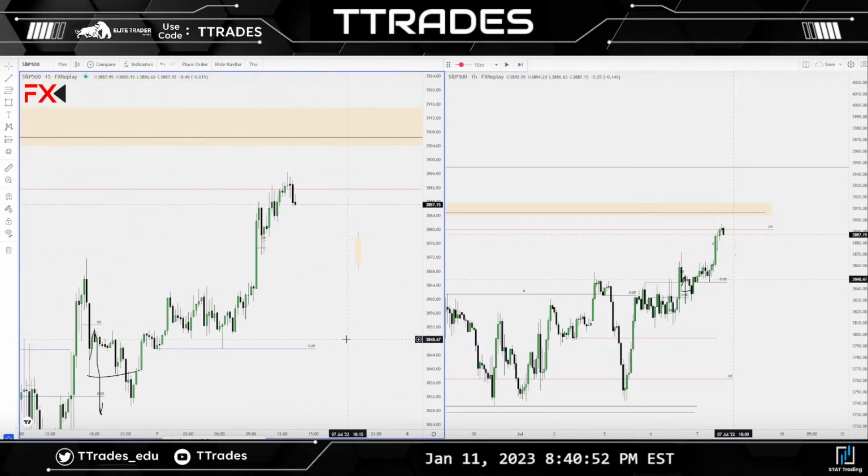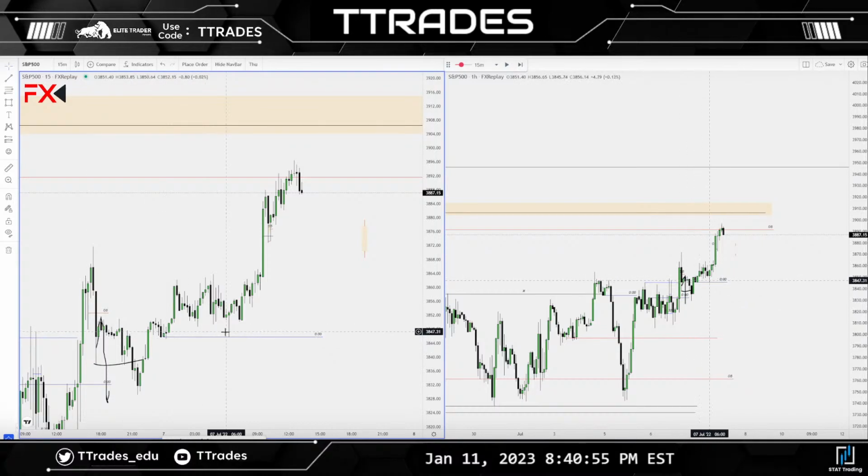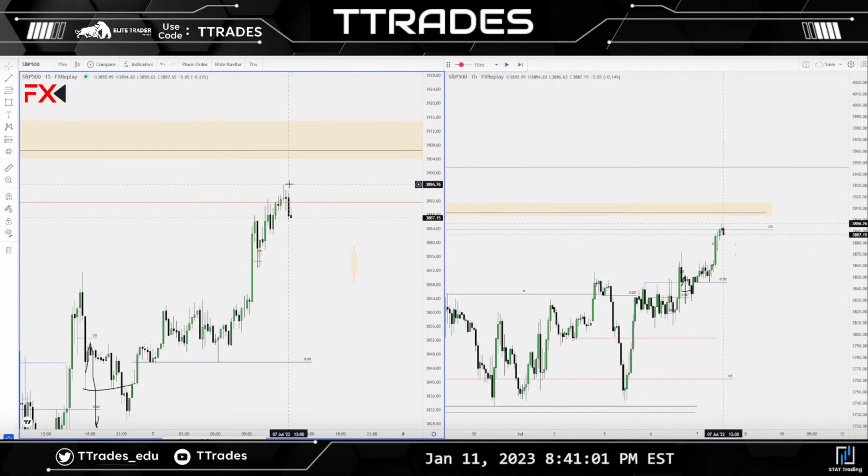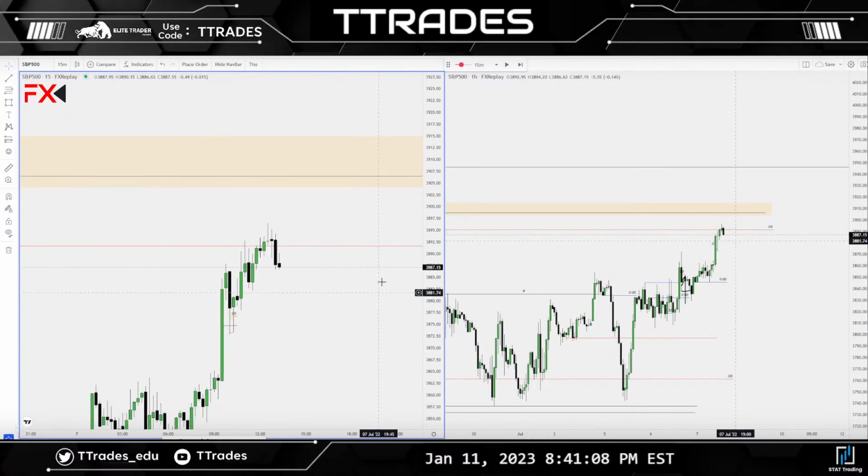So if you look, we had our open, really no low put in, but open, high, put in a high somewhere up here. Normally want to close into the highs. So we'll see what happens. I don't trade the afternoon session.